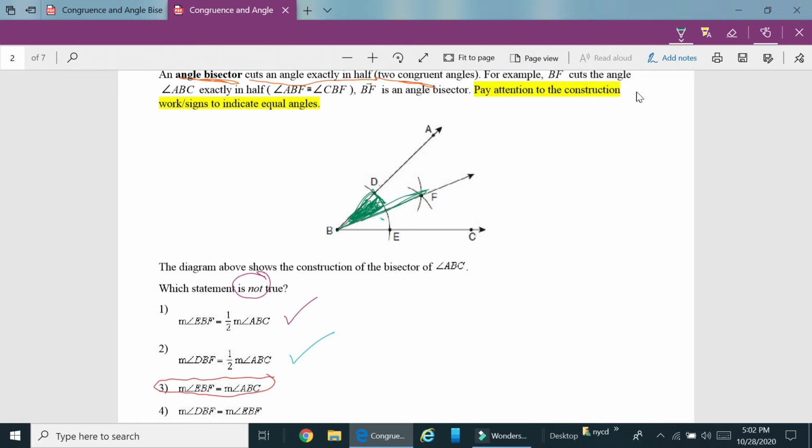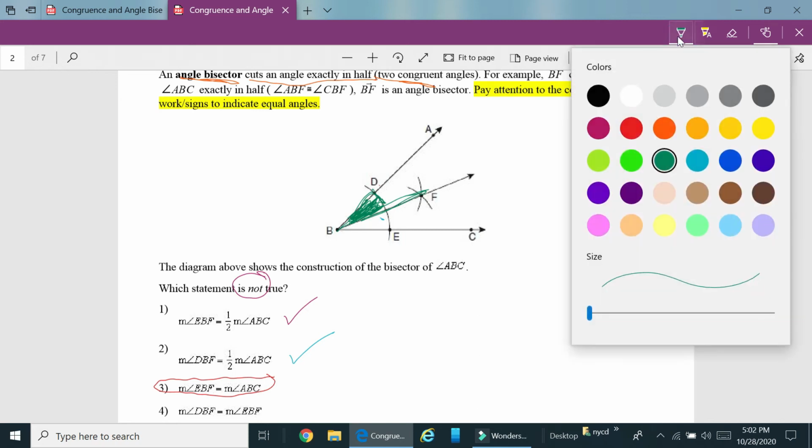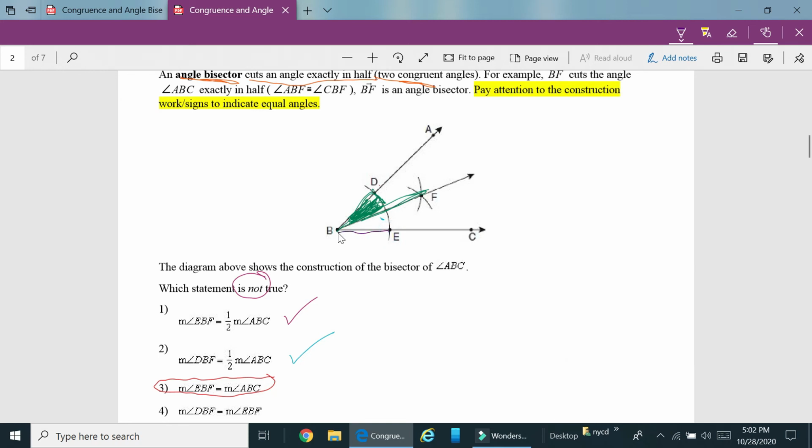And then is that equal to angle EBF? Let me use a different color, purple. EBF, and that's half of that. And that's also true. So the only one that's not true is 3.